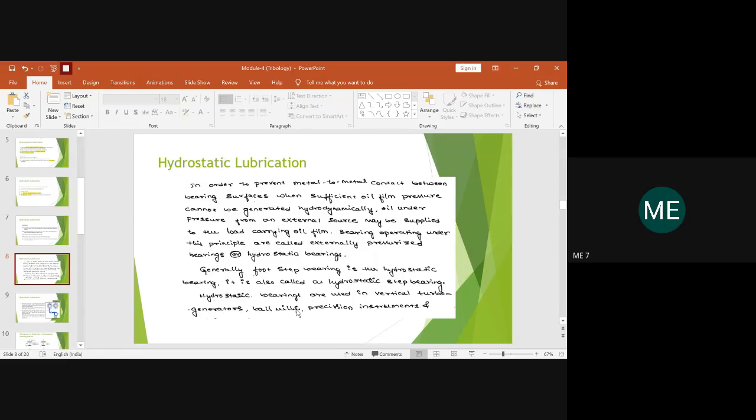There you cannot use hydrodynamic lubrication because ball mills operate at a very low speed, around 300 to 350 rpm. Since it runs at a very low speed, you cannot go with hydrodynamic, you have to go with hydrostatic, and it should still have maximum load bearing capacity.